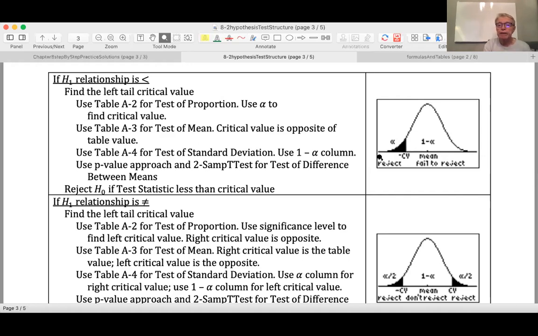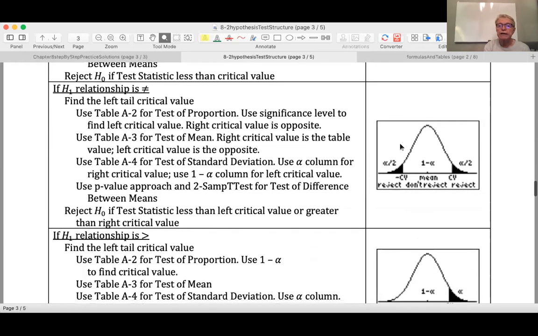And remember, the null hypothesis is the assumed value of the parameter in the population. That critical value sets up an area underneath the curve to the left, since it's a left tail, that is equal to alpha. So this area right here is that unusual probability.